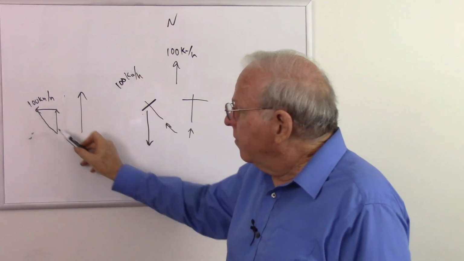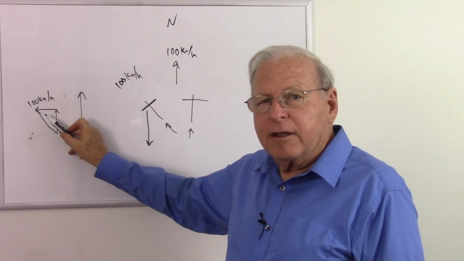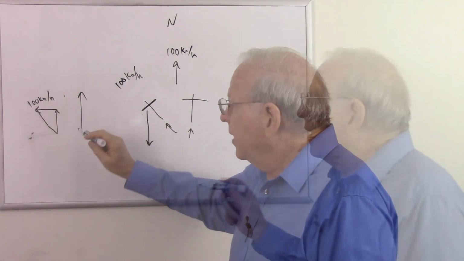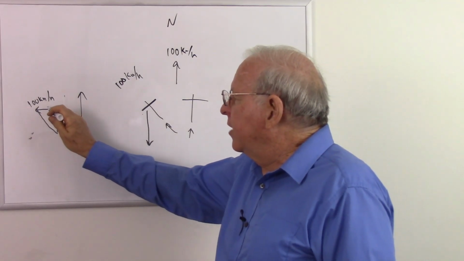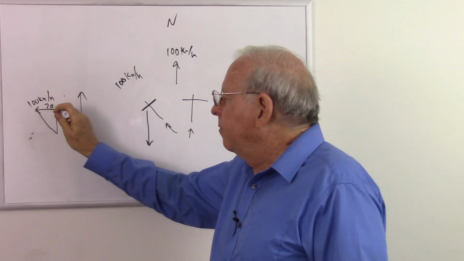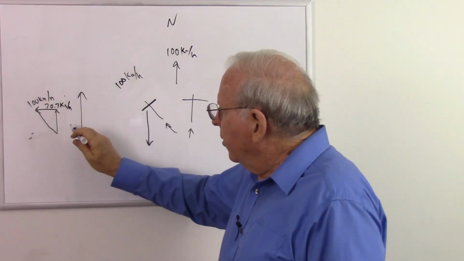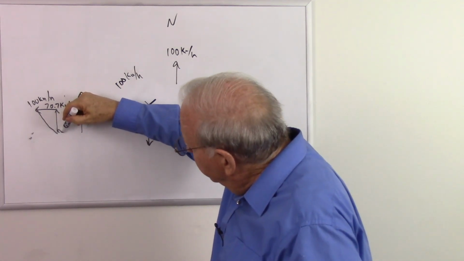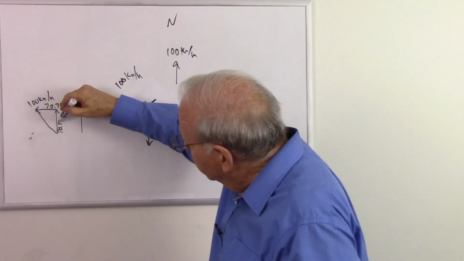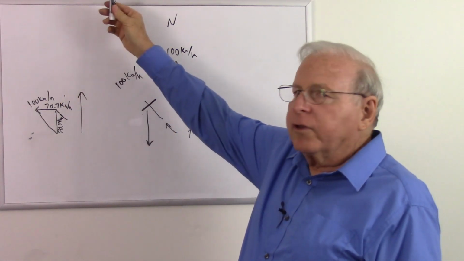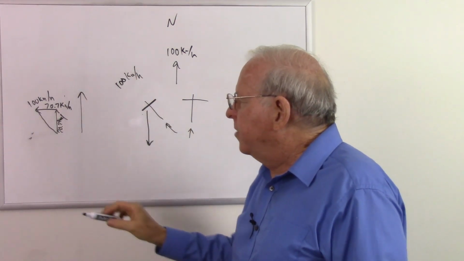Well, he's going at a 45-degree angle at the same speed, therefore we've got that 45-45-90 triangle again. That means that his speed going to the west is going to be 70.7 kilometers per hour, and the speed going north is going to be 70.7 kilometers per hour. So he traded some of his north-going speed to some west-going speed.